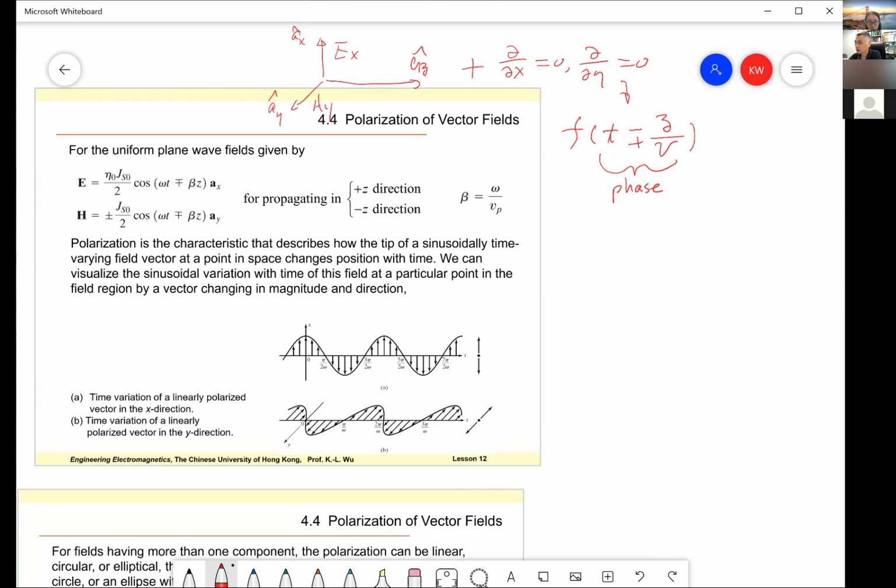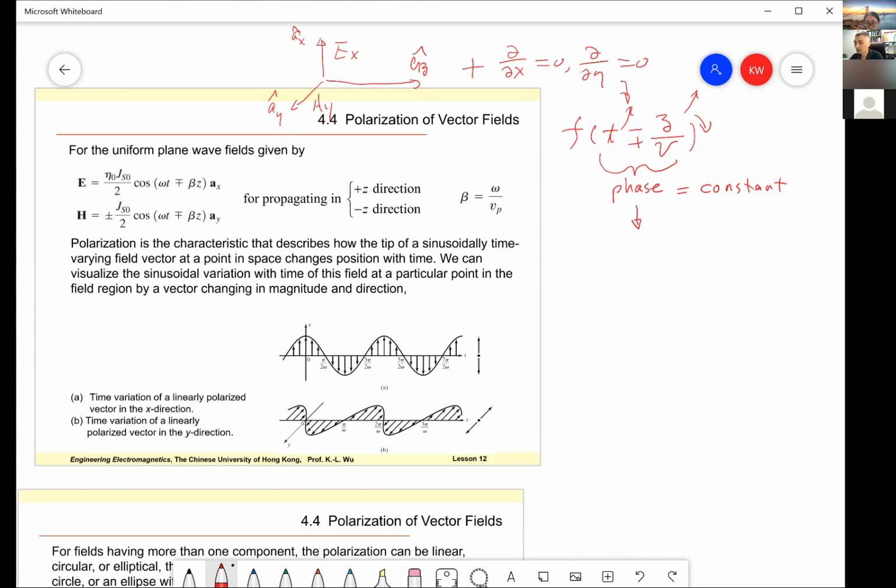That means if the time increases, the distance z either increases if this is minus, or decreases if this is plus, in order to keep the phase constant.